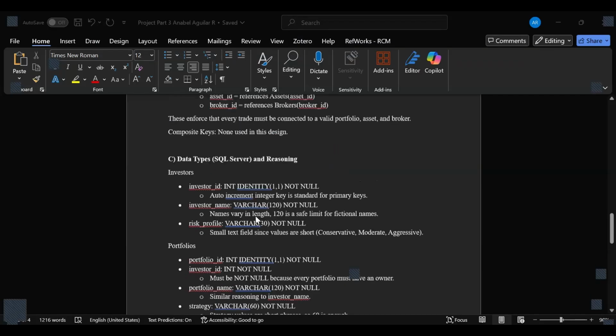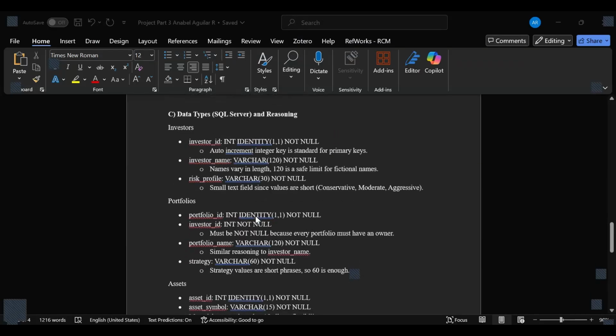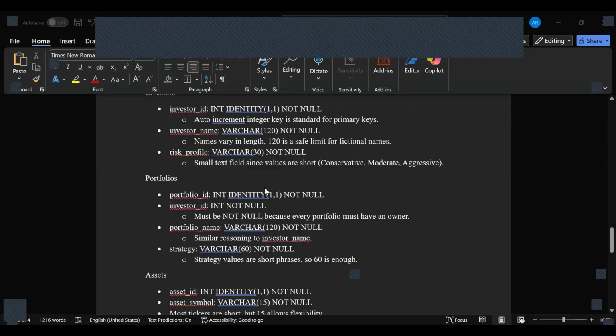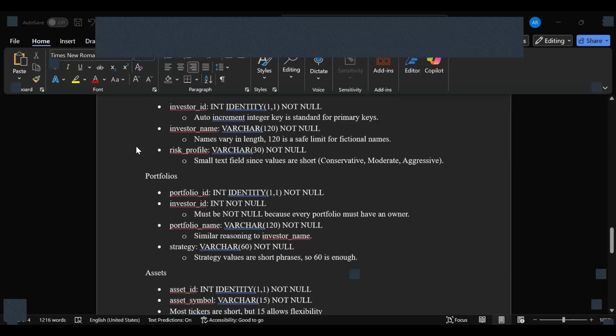And then for data types, to create the database in SQL, it was very important to identify which attribute was which. So as we can see, for investors, we have investor ID, and we categorize it as integer. We have investor name.